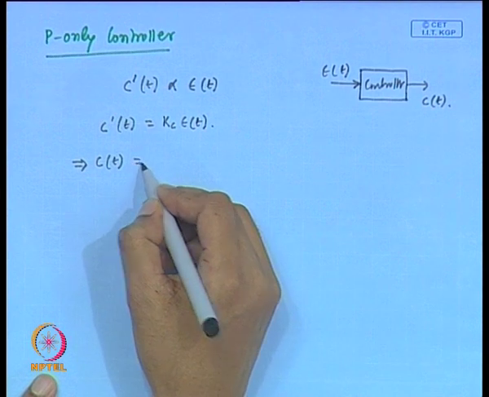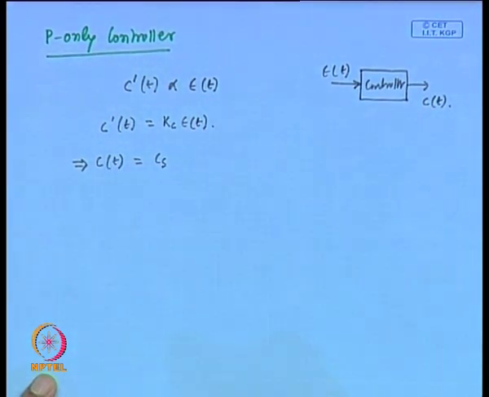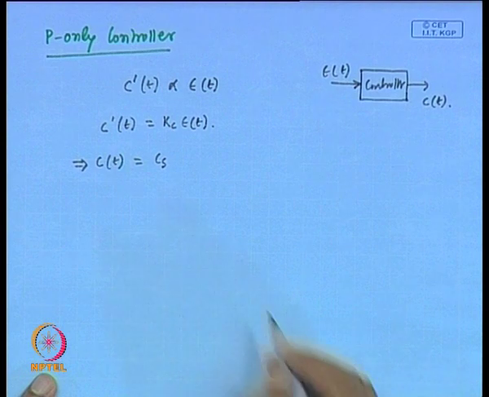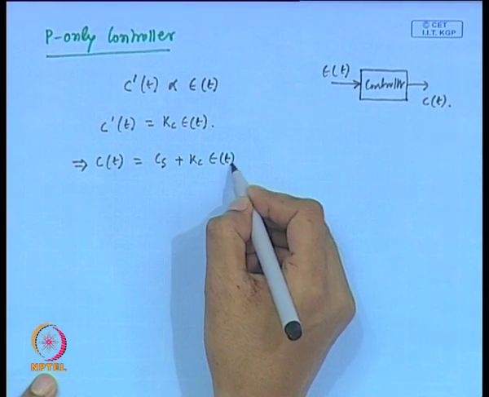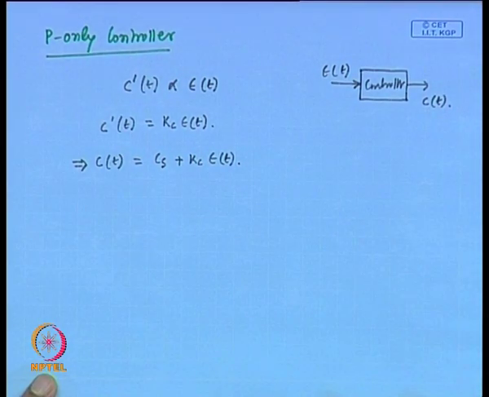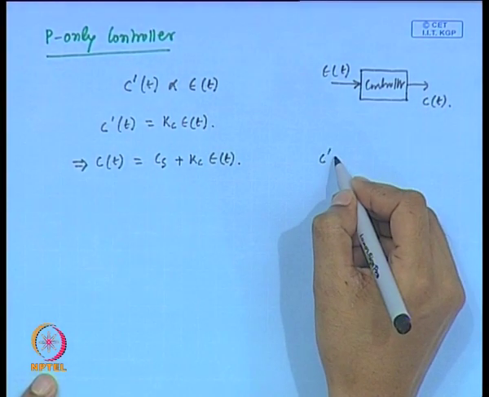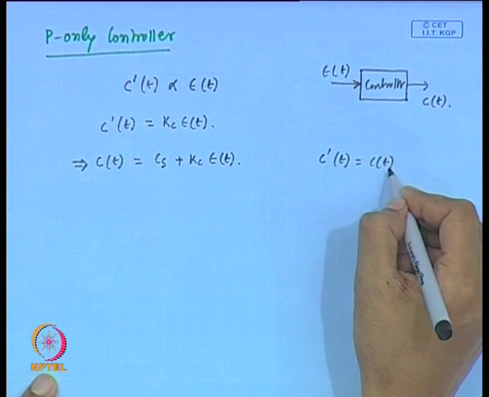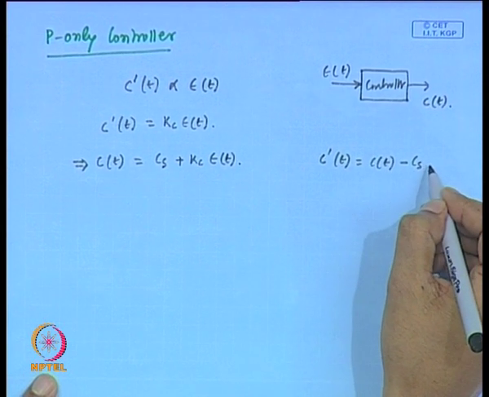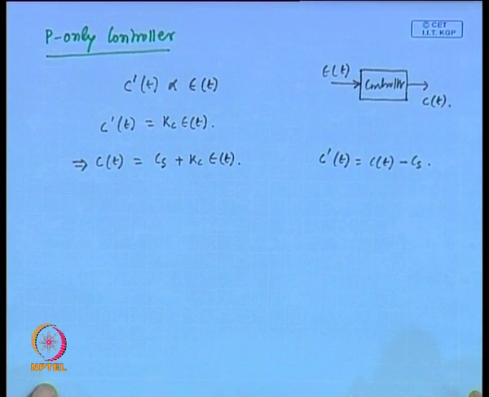And finally, we write C t equals C s plus K C epsilon t, where C prime t is equal to C t minus C s. I have mentioned that C prime is the deviation variable.